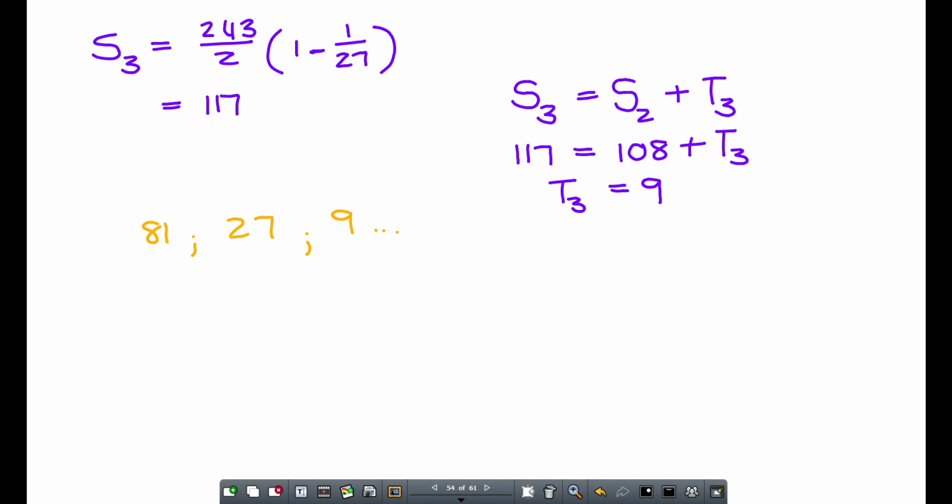Okay, nou wat vra hulle eintlik vir my? Hulle soek bepaal die 5de term van die reeks. Okay, so term 5 would be, onthou dis mos eintlik a times r to the power n minus 1. So term 5 would be 81.